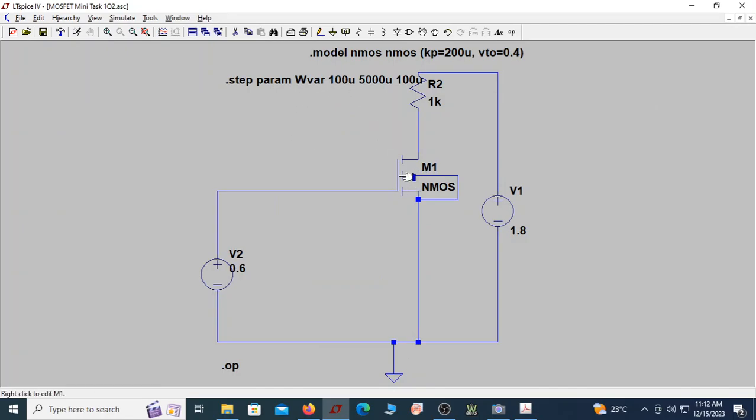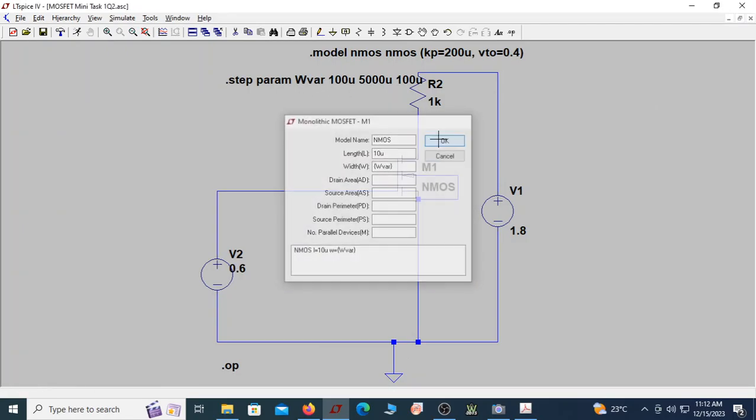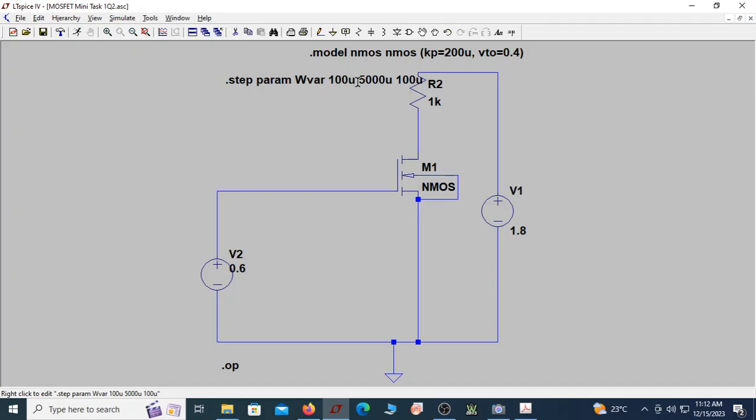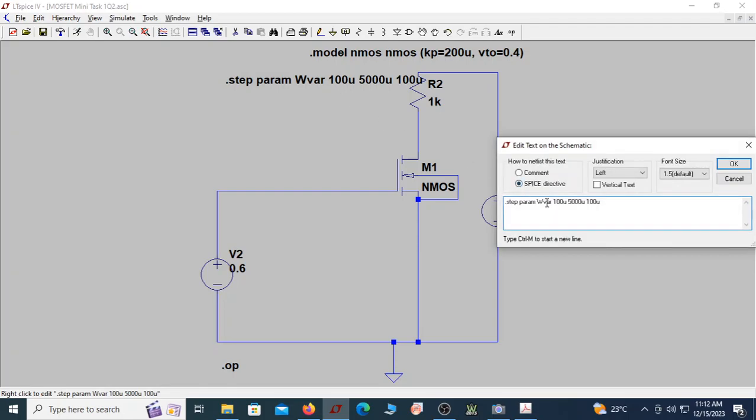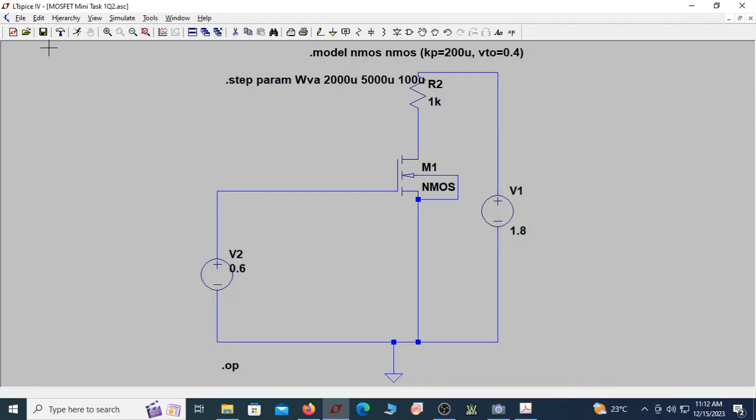I'm varying this width from 100 to 5000 micron, because I know that at around 4000 micron this will come to the saturation region. You can even change this to start from 2000 micron also, if you feel 100 is too much or too little.